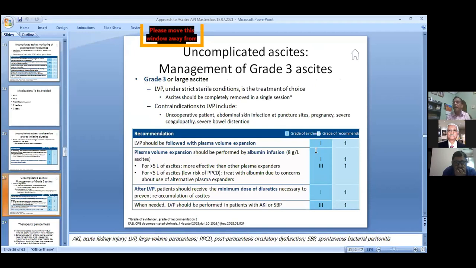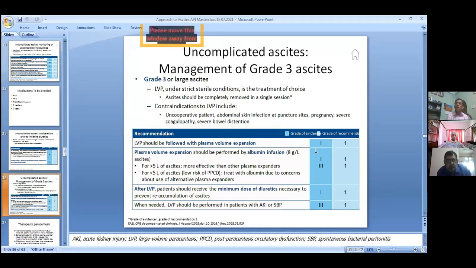And in grade 3 ascites, which is difficult to manage and probably not responding to the diuretic, they require large volume paracentesis. Large volume paracentesis is when more than 5 liters of fluid is removed in one setting. There may be some contraindications, rarely, like an uncooperative patient, or if there is an infection, then you should avoid it.